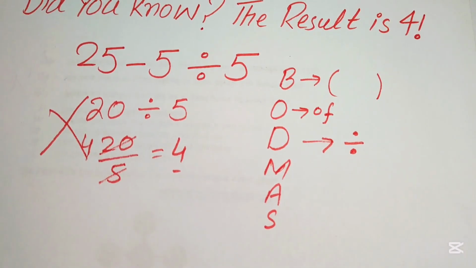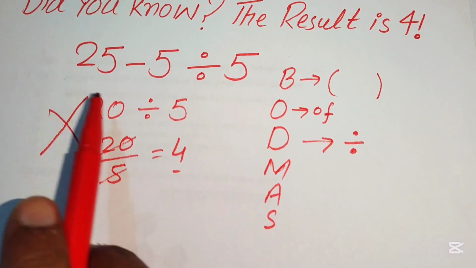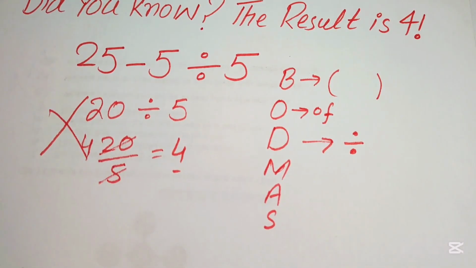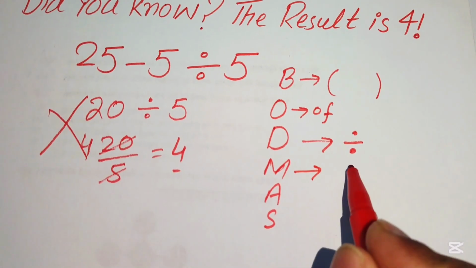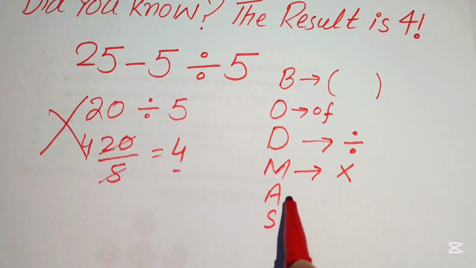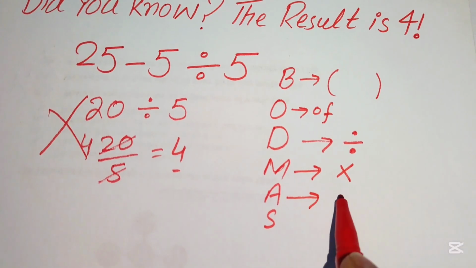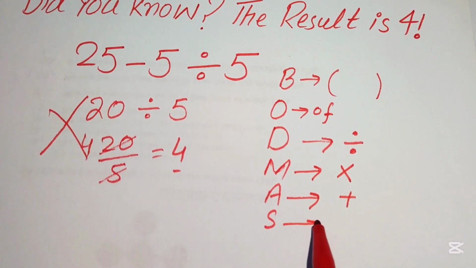Okay, you just remember this order of operations. You always follow this order of operations in order to get the correct answer of this type of problem. After that, M stands for multiplication, A stands for addition, and S stands for subtraction.